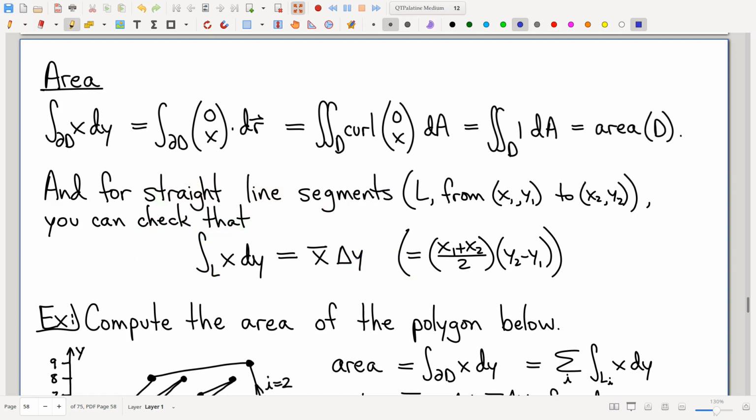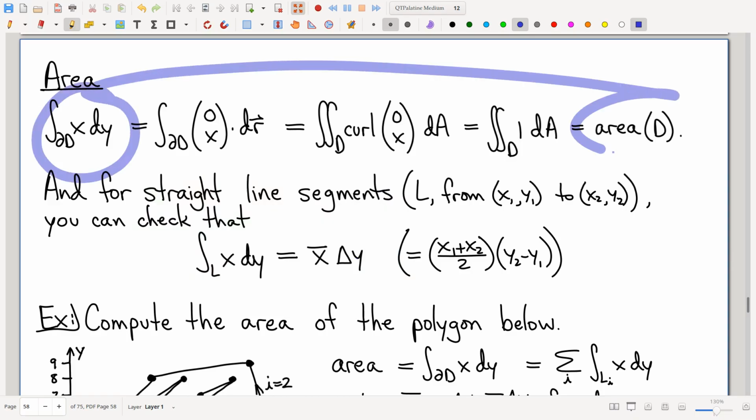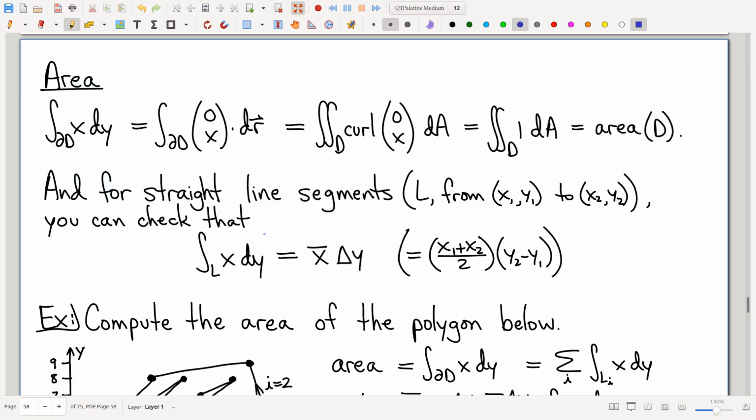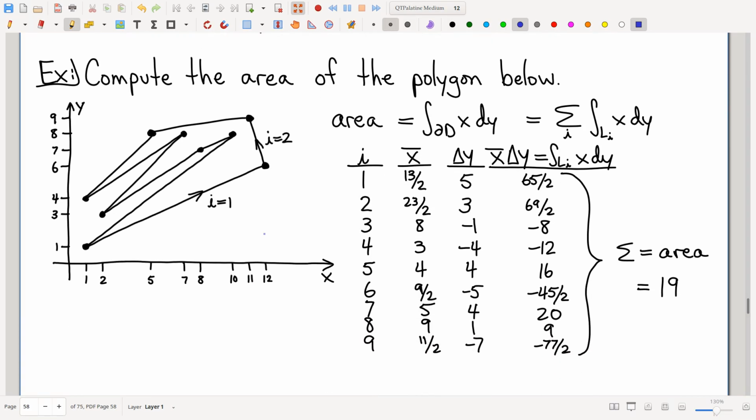So combining this fact and this fact, we are sufficiently armed to do this calculation. We're just going to take these edges one edge at a time. Here's a straight line segment, line segment number 1. What is the average value of x on that line segment?